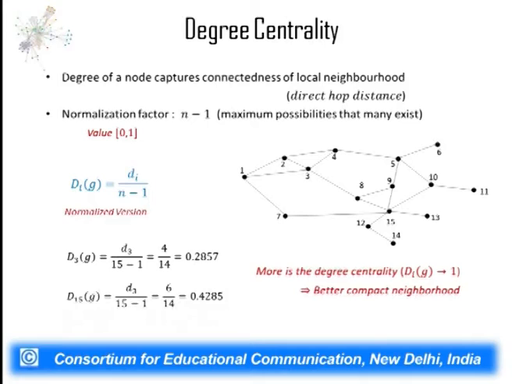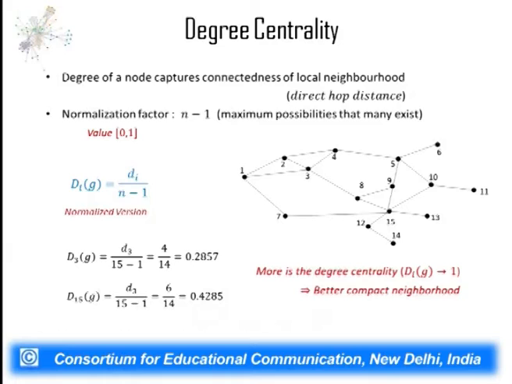So we develop a normalized version of the same. This helps, for example, if you want to compare the degree centralities of different nodes in the network. We can simply take the fractional values, put them in ascending or descending order, and find out which nodes are better than others in terms of degree centrality.